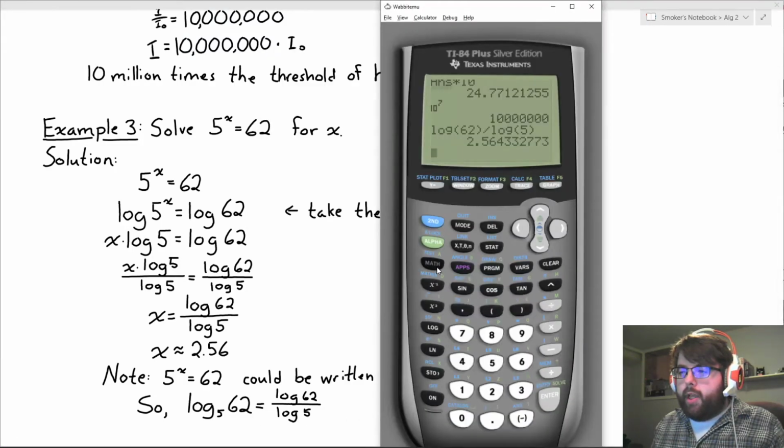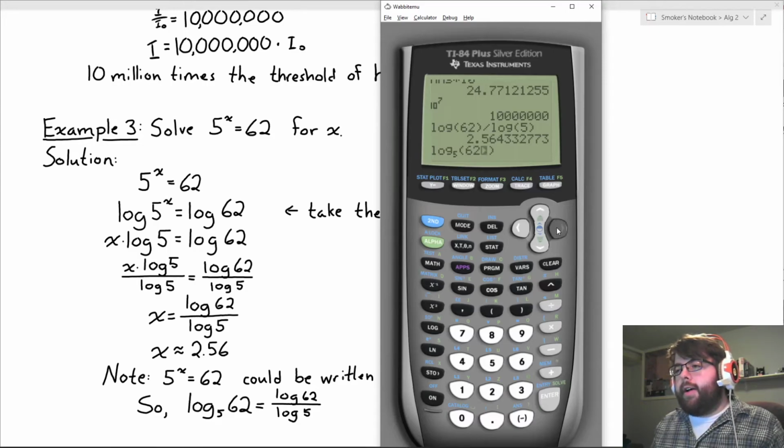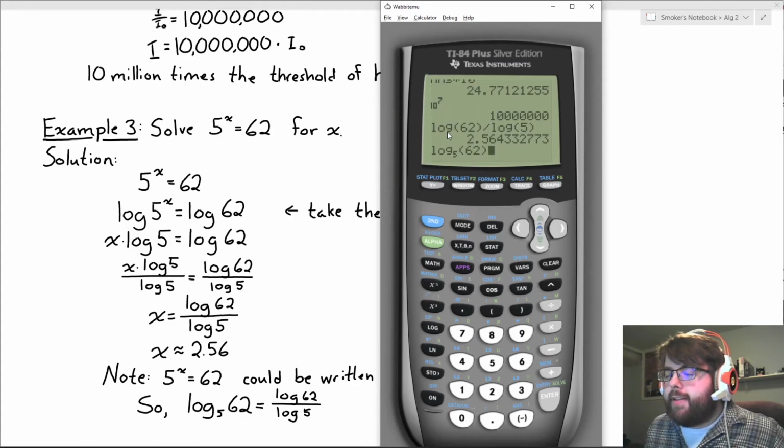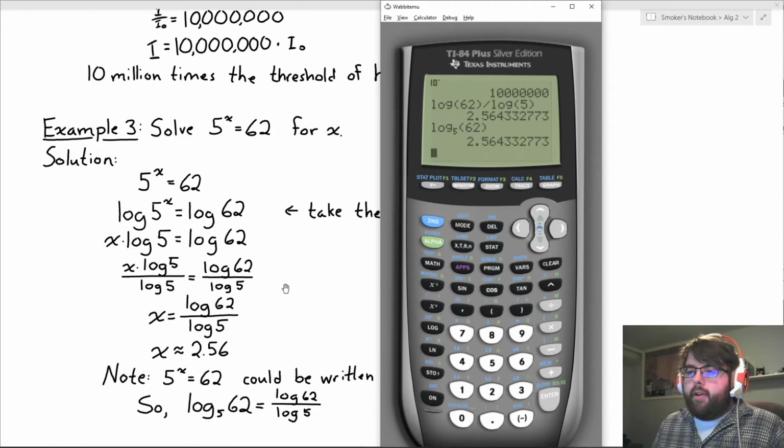Now, if you go into your calculator, if you have this, and not everybody has this, this is why some of the older calculators won't have this ability that I'm doing right now. So this is why it's important to know that if I'm trying to evaluate log base 5 of 62, I can just take the common log of the bigger number divided by the log of the base and get the exact same answer because of this algebra that's occurring.